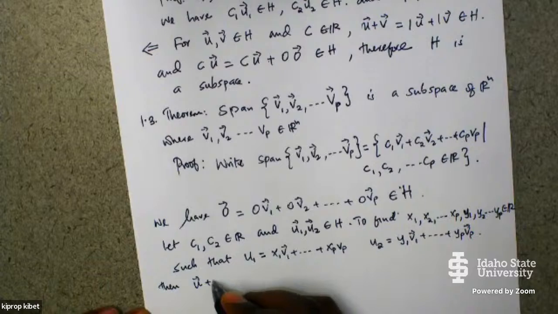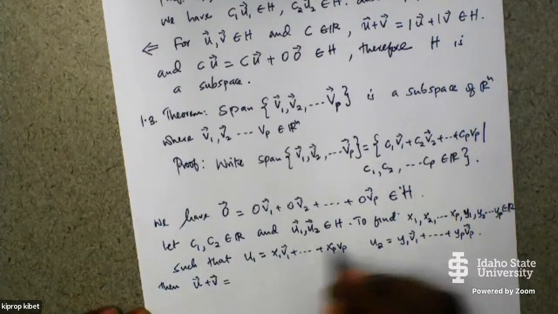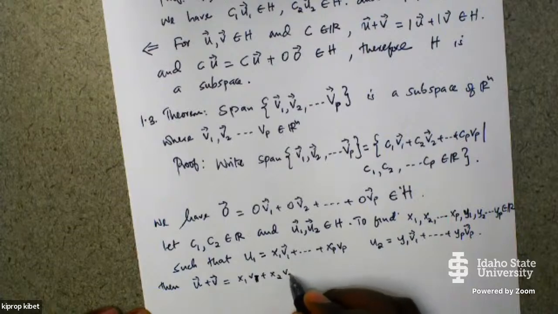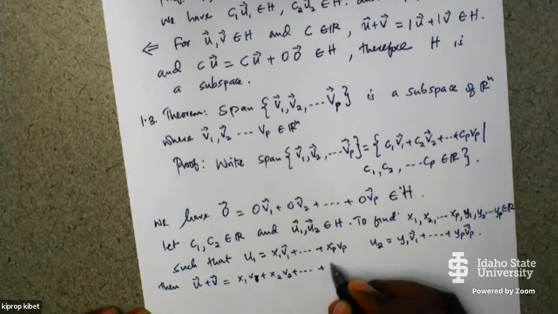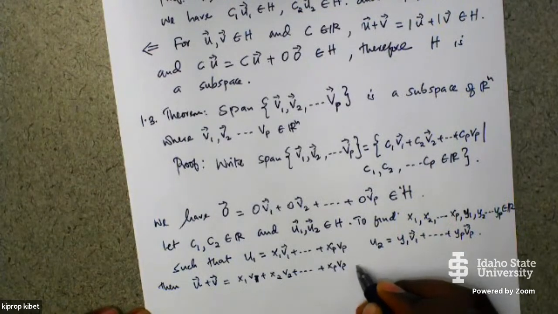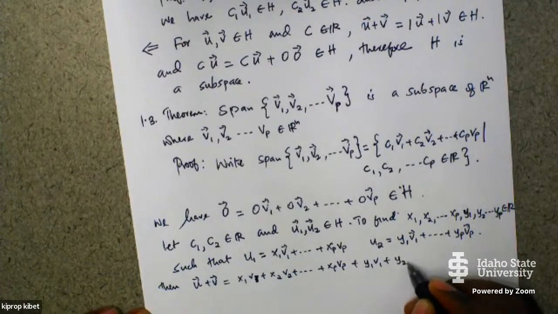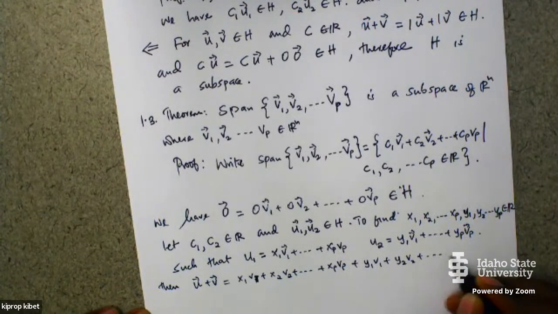Then u plus v is equal to, you add these, x1 v1 plus x2 v2 plus xp vp plus y1 v1 plus y2 v2 plus yp vp.